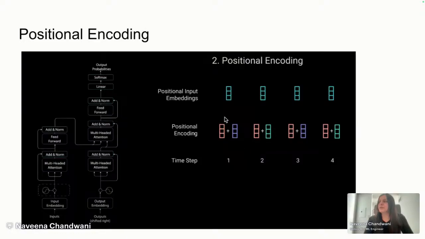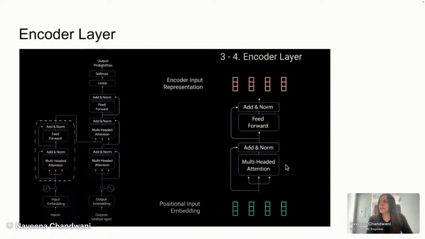So to continue, we have positional input embeddings now generated. And then we look at this next block, which consists of the multi-headed attention and feed forward. Multi-headed attention is the main feature of the transformer architecture along with the parallelization that it provided.